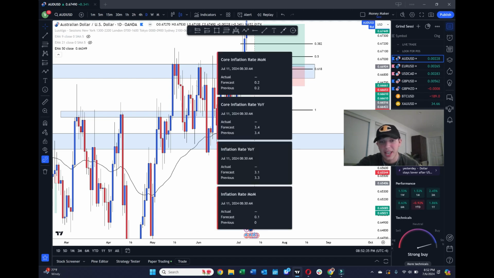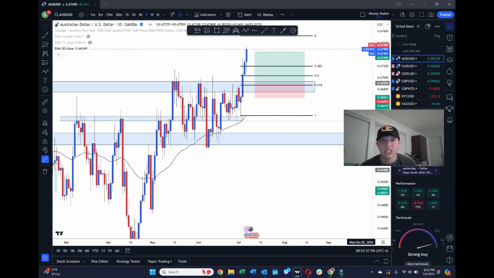We have this day, what is this, July 11th? This is Thursday. This is going to be one of the craziest days of the market. This is going to have the biggest candle of probably the year so far, or at least a massive candle, right? We have inflation rates year over year, month over month, and that's one of the biggest indicators of what the market's going to do.